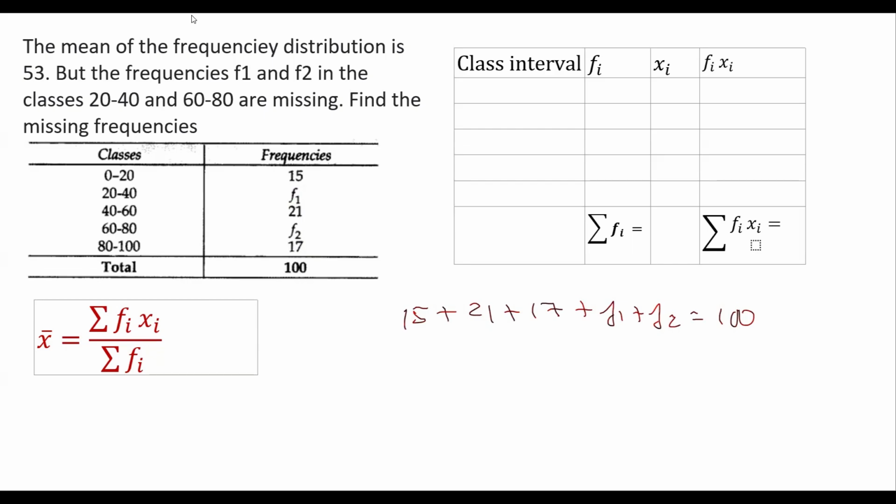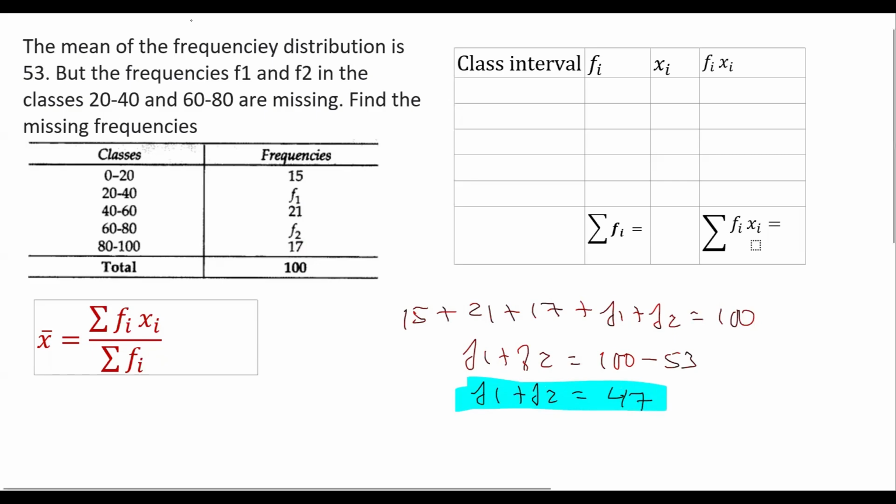So f1 plus f2 is equal to 100 minus 53, which is 47. So we got one relation between f1 and f2. As you can see, it's a question of two variables. Therefore, we need a minimum of two equations with respect to x and y.